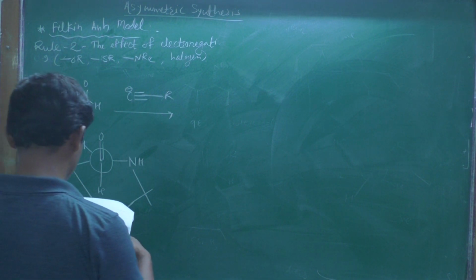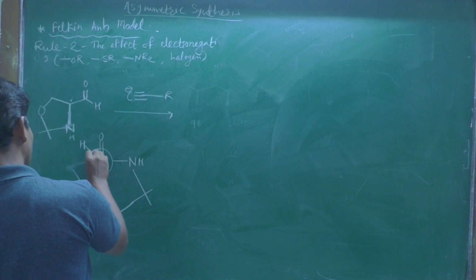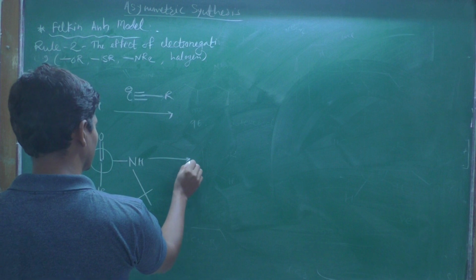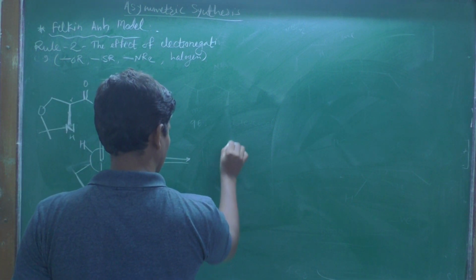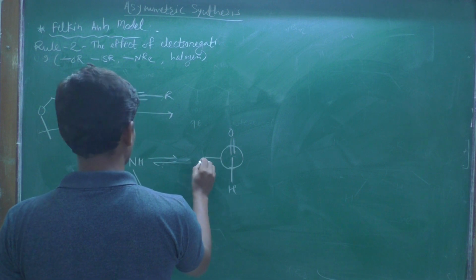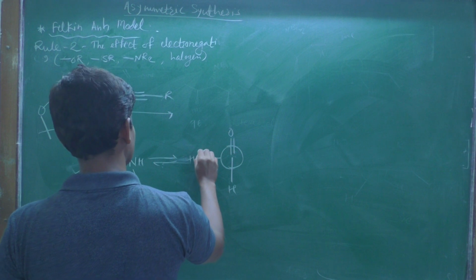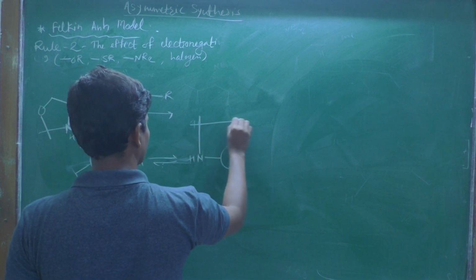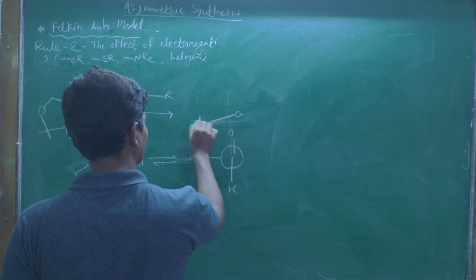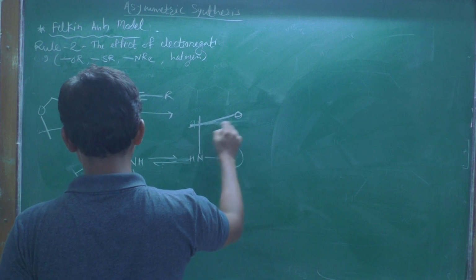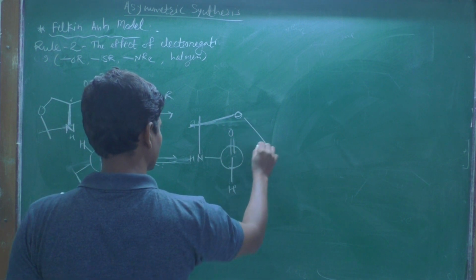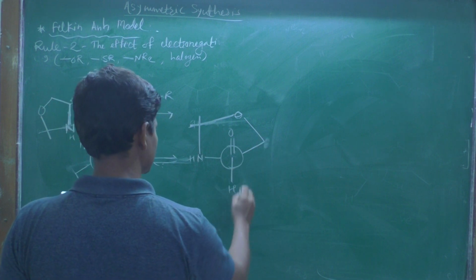Okay, so on rotation we are getting NH, then oxygen, then CH2, and this is hydrogen here.